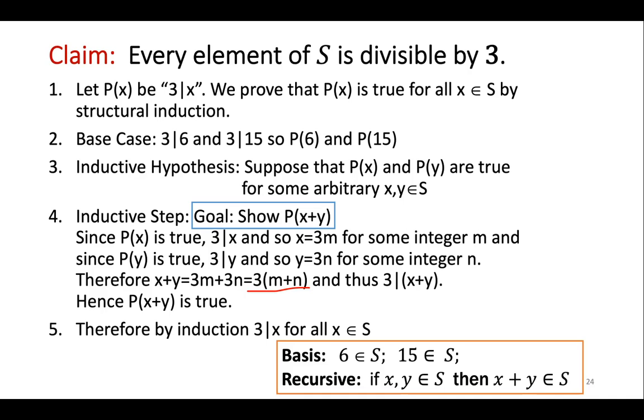So that means x plus y is divisible by 3, which means P of x plus y is true. Therefore, by structural induction, 3 divides x for all x in S is true.